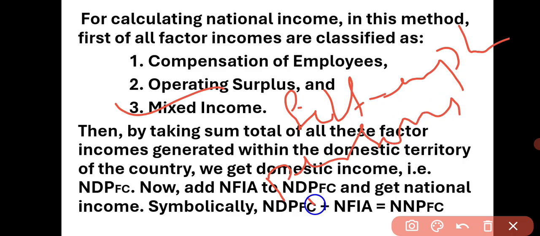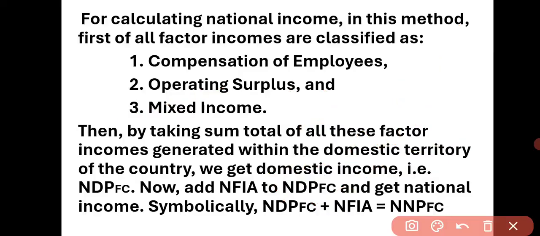Self-employed persons' income by using their own factors of production, land, labor, capital, organization, what they are getting, that is known as mixed income. So these three are known as factor incomes: number one is compensation of employees, number two is operating surplus, number three is mixed income.